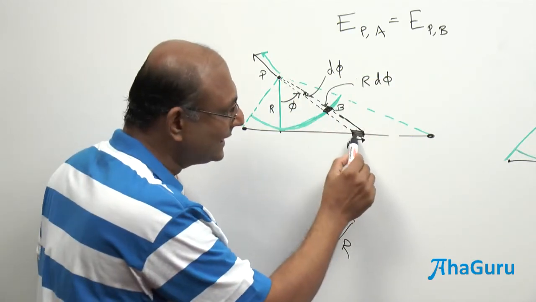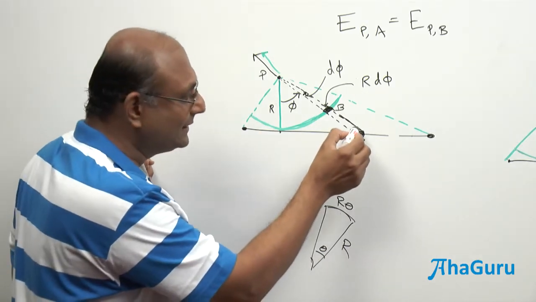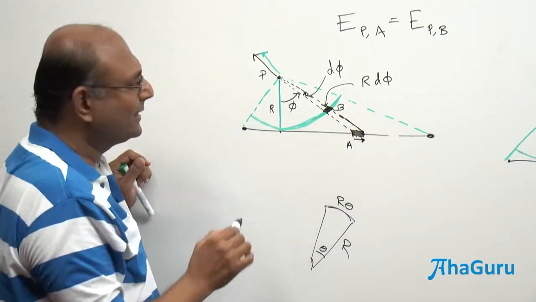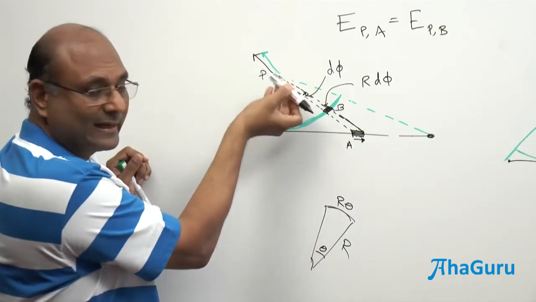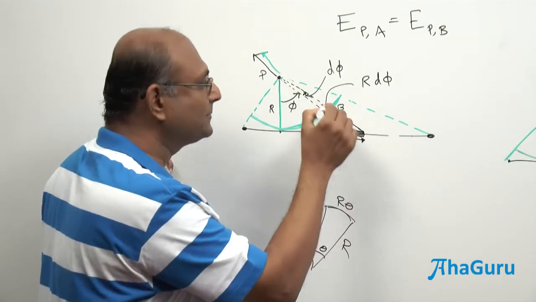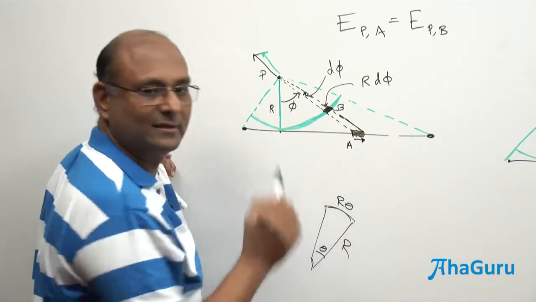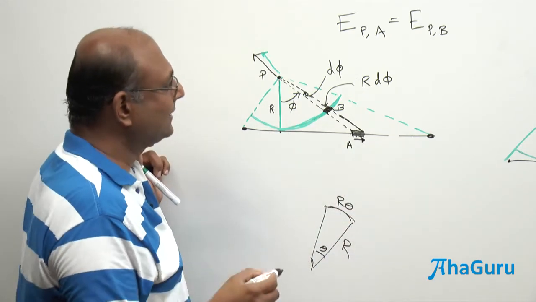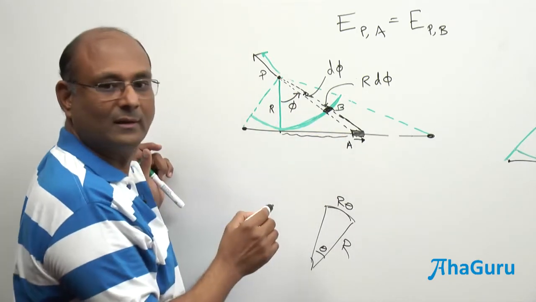What do you think about this length? First of all, you can't call it this radius into d phi, because that would be this arc length. That is not correct. So how do I find out what is this length that has been created by moving this angle phi? Because that is where the correspondence comes in. Every point here has been counted there. So the correspondence comes in only if I take this length. How do I find that length? Let us think. If this is r and that is phi, what about this?